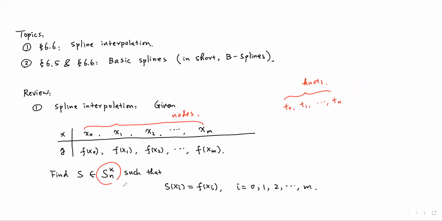Topic 2: Basic splines, in short B-splines. B stands for basic. I combine these two sections together. This is topic 2.